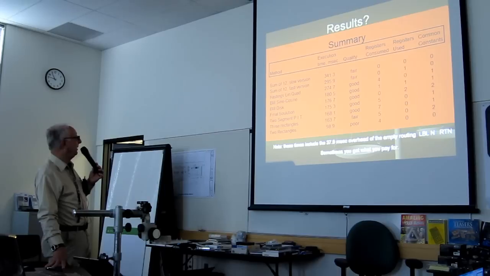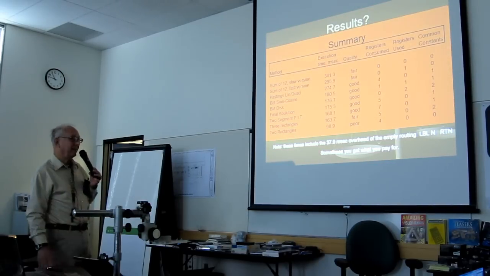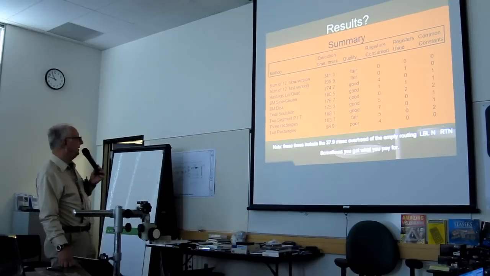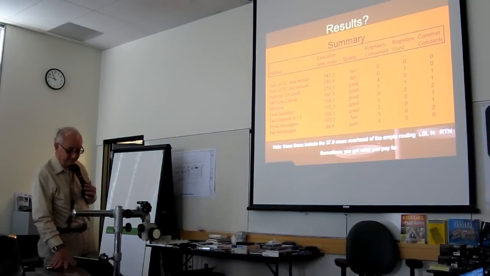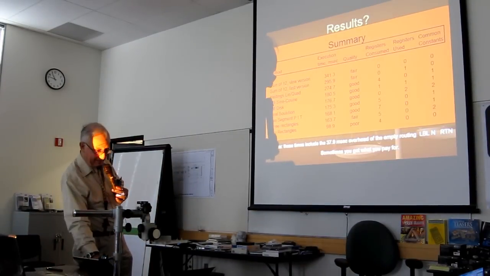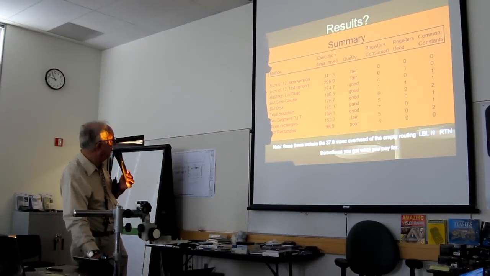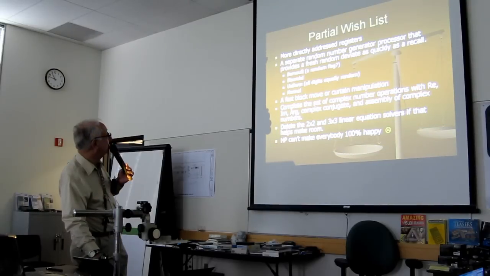Much better than Hastings. The sum of two rectangle distribution, it's blazing fast, but in quality it's not there. So there's the summary. And even stuff from the early 1950s can be improved upon.